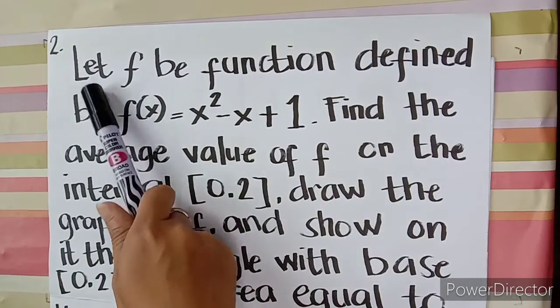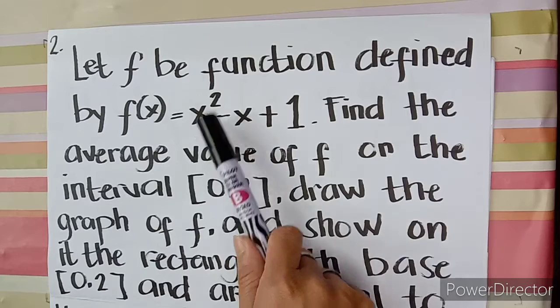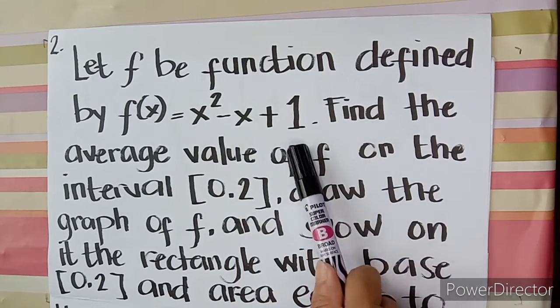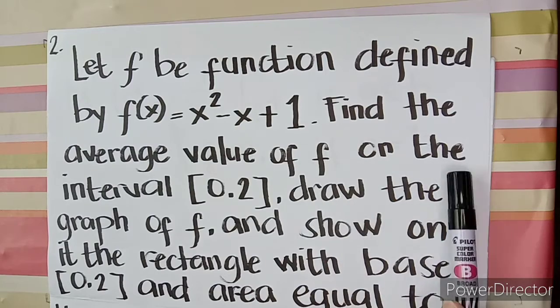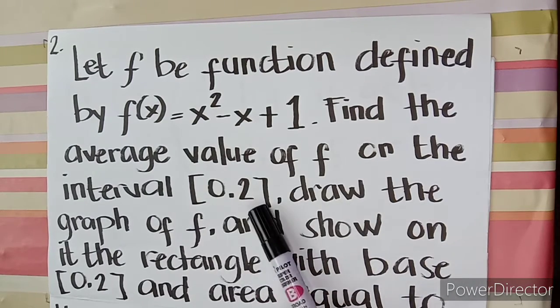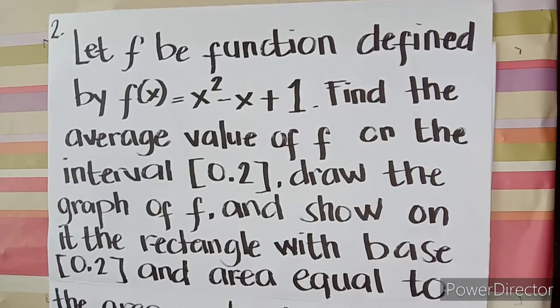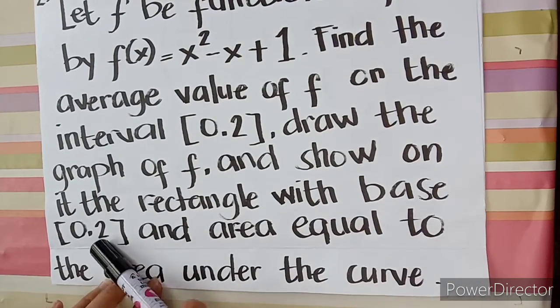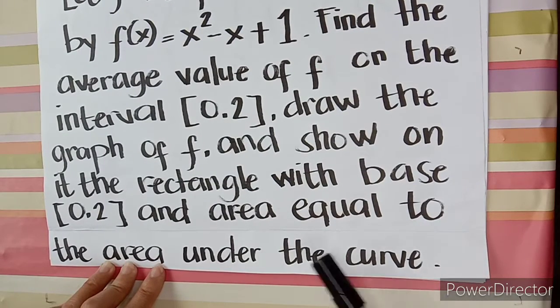So we have here, let f be the function defined by f of x is equal to x squared minus x plus 1. Find the average value of f on the interval 0 and 2. Draw the graph of f and show on it the rectangle with base 0 and 2 and area equal to the area under the curve.